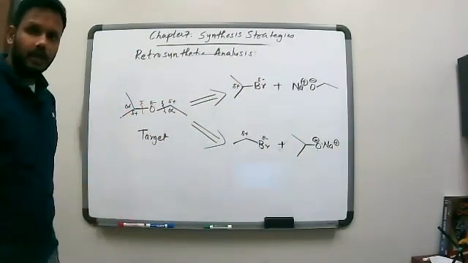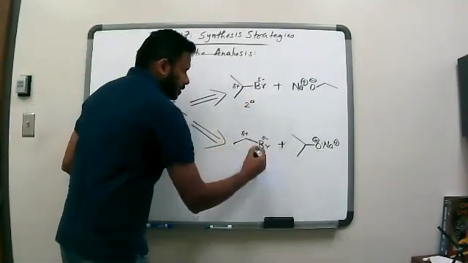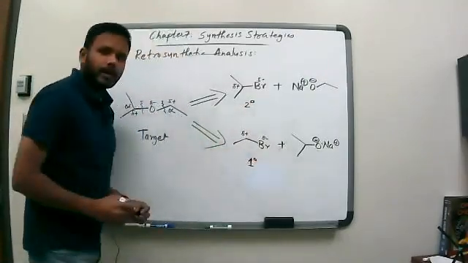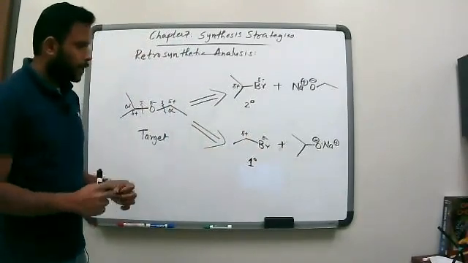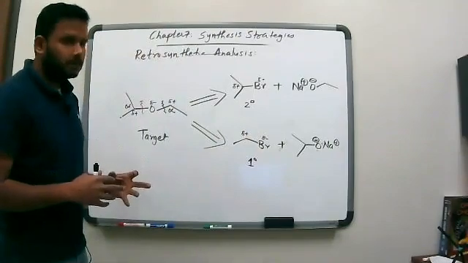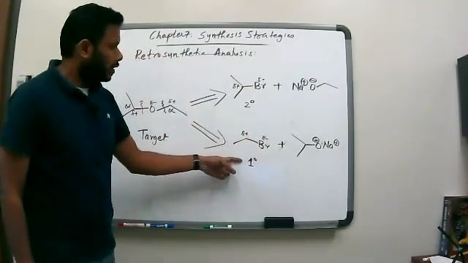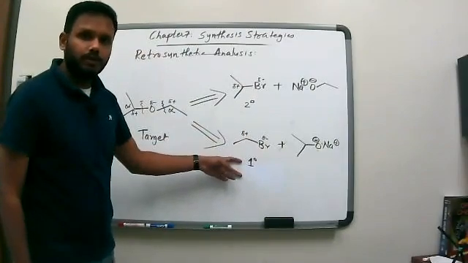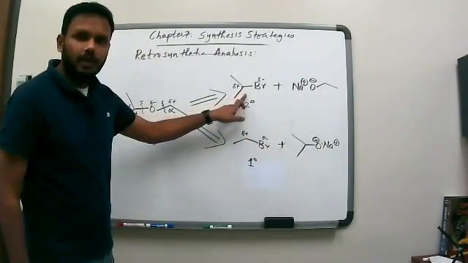And so now if we analyze this, we have a secondary alkyl halide and a primary alkyl halide. And what we know from SN2 reactions is that primary alkyl halides do a SN2 reaction much better, faster, they're more reactive compared to secondary alkyl halides.